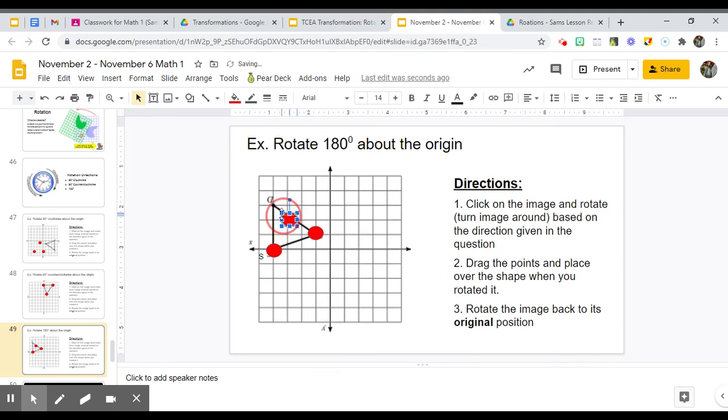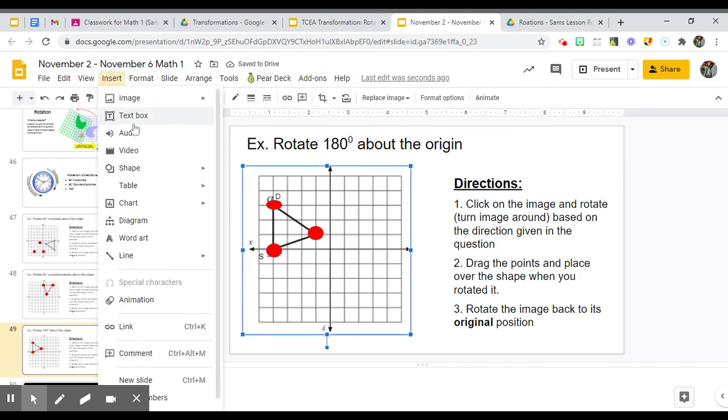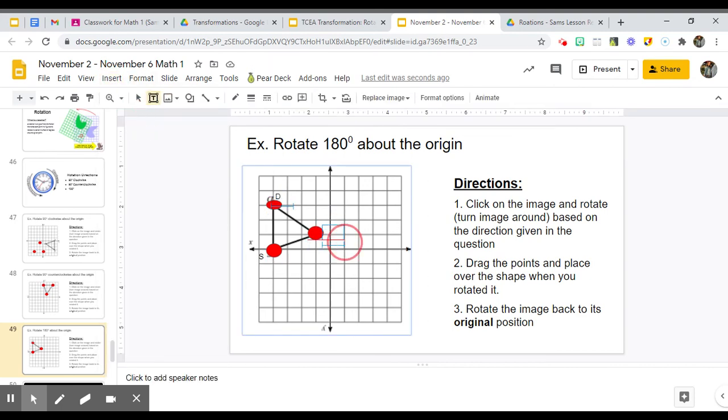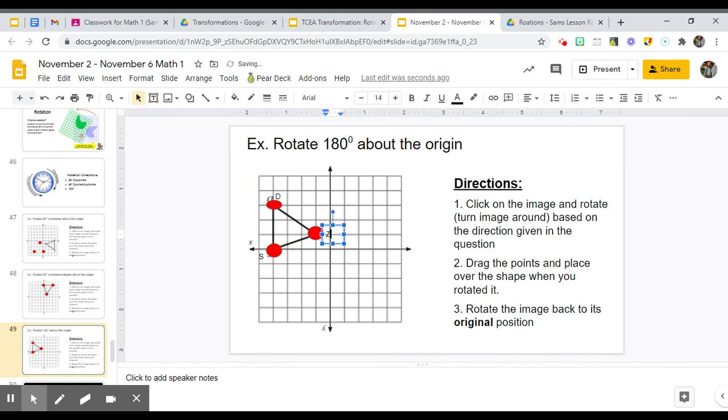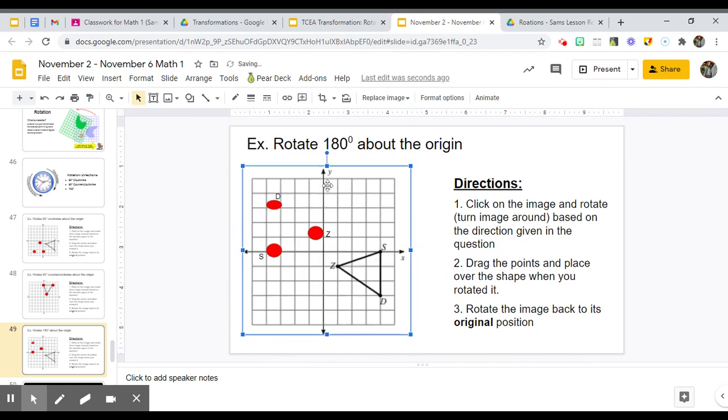That was point D. Which means that this one over here has to be point Z. Okay. And then we're going to return my image to the original and see how it rotated. So just rotate it around 180 degrees.